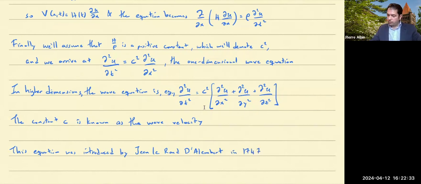And so often this right-hand side is known as the Laplacian, but if you take the left-hand side minus the right-hand side, then that's often called the D'Alembertian, after D'Alembert. D'Alembert was a French mathematician who lived from 1717 to 1783, right? So he died the same year that the American Revolutionary War ended.